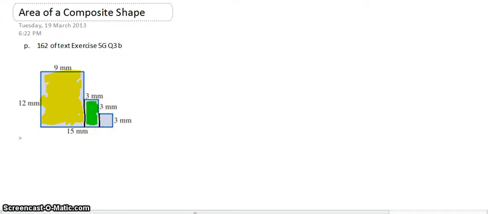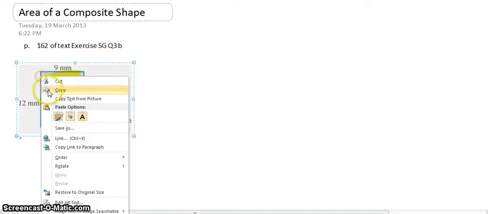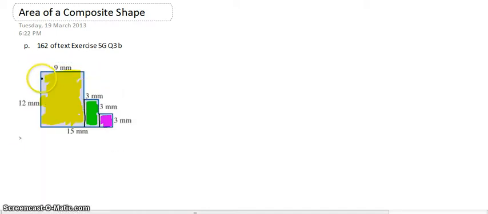And then lastly, I've got this third area here. That's just a little square. Now I need to be careful and see which measurement belongs to which section. If this length is 15 millimeters, then I need to know that this little length here and this little length there and this bigger length will also add to 15 millimeters, because I'm assuming that it's a proper rectangle, and in each of these corners there are right angles.